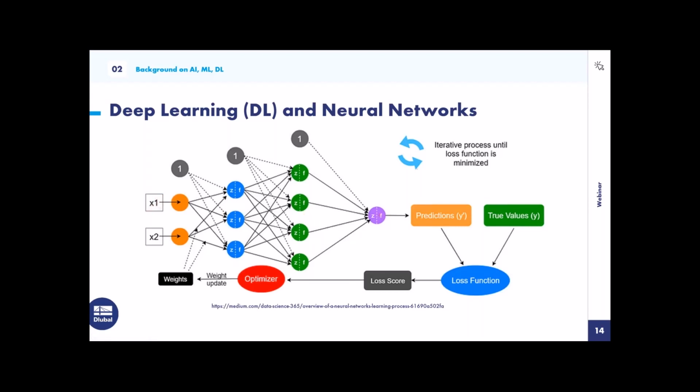As I said, that can be an image, that can be a text, that can be your structural Dlubal model, and the output then could be any data type you want. Can be also an image, can be also a text, can be also a Dlubal model. And here you see again the differentiation between supervised and unsupervised learning.